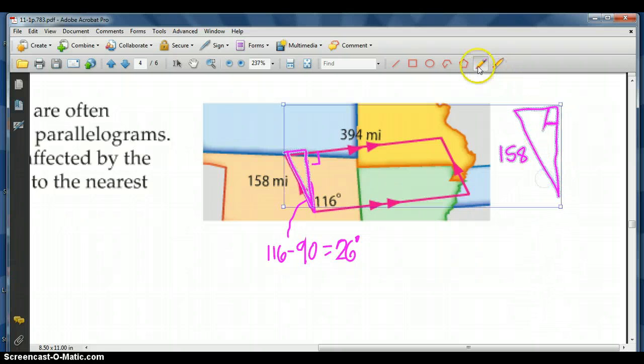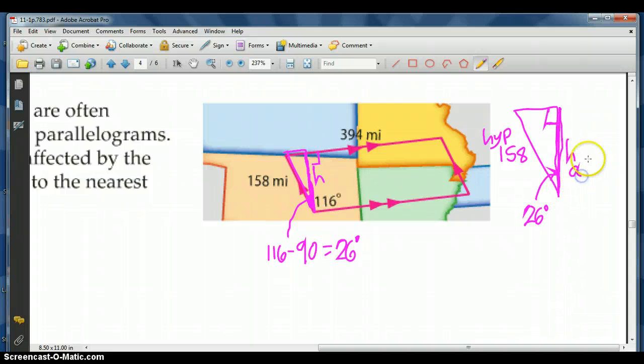We have an angle of 26 degrees. And we want to find this side, which is going to be the height of the parallelogram. So from this angle, this is our hypotenuse, obviously. And this is the leg adjacent to the angle. So that's our adjacent.